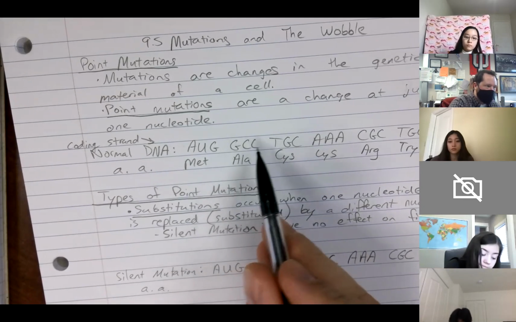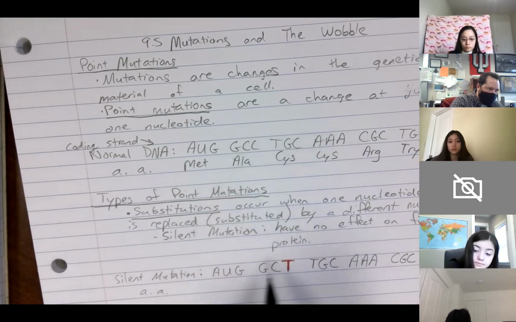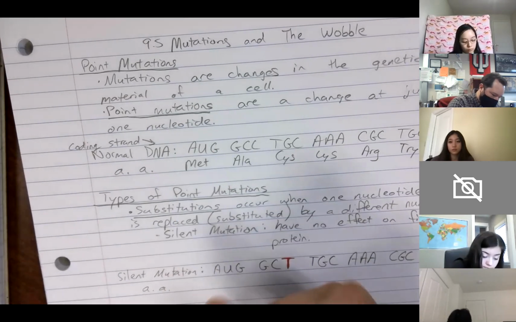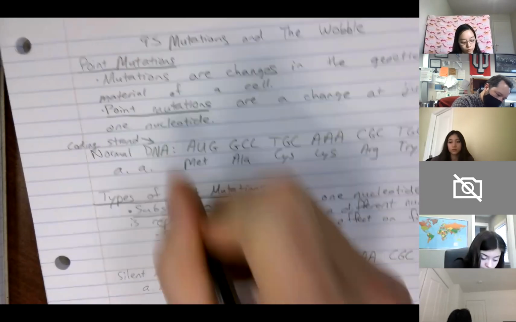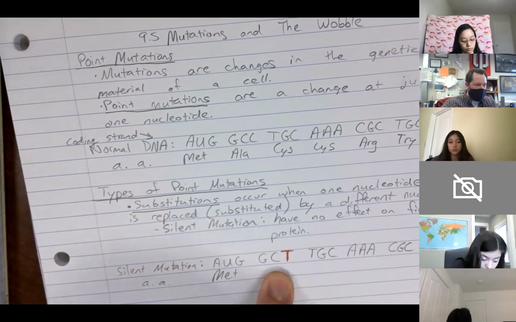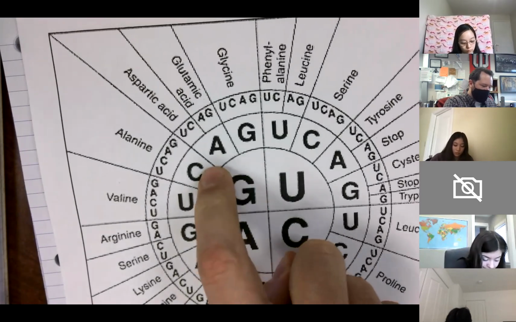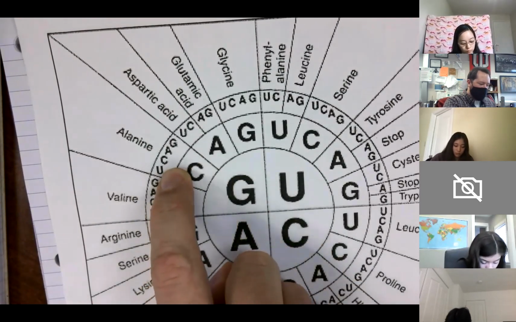It was GCC, now it's GCT. Let's see what effect that has. Now, for the most part, everything's the same. So this is still met. That one didn't change. But now we have GCT. We do have to use this. All right, so G, C, again, U in place of T.